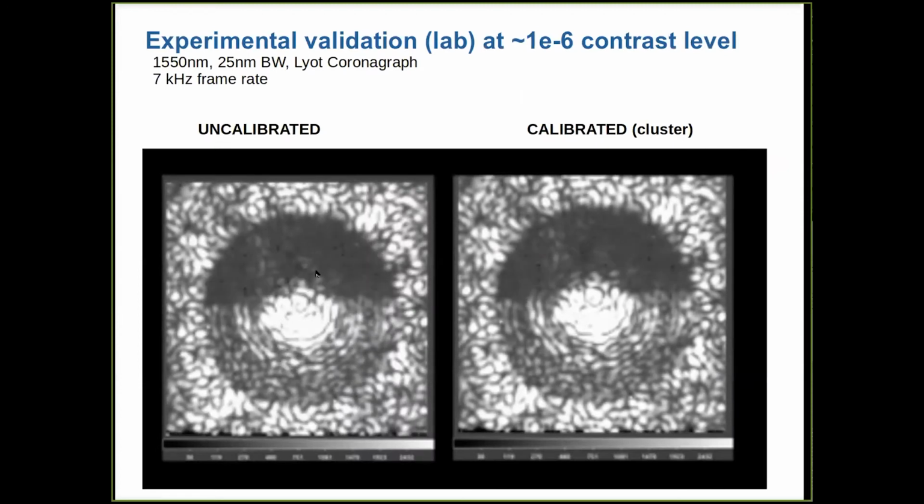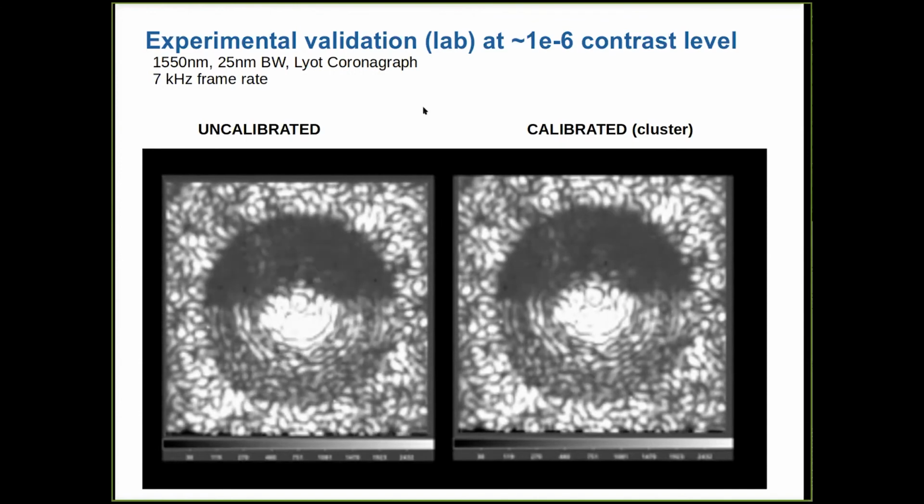And so here I'm showing one of those clusters that I showed you. On the left is all of the data, and on the right is a cluster, and the movie is spinning through images. You can see that it works actually quite well. And so we managed to stabilize the speckle field. The clusters are very tight in the sort of wavefront sensor to science focal plane image space.